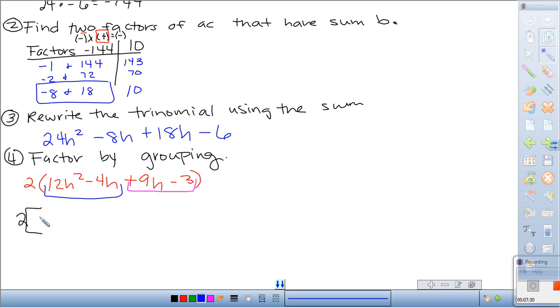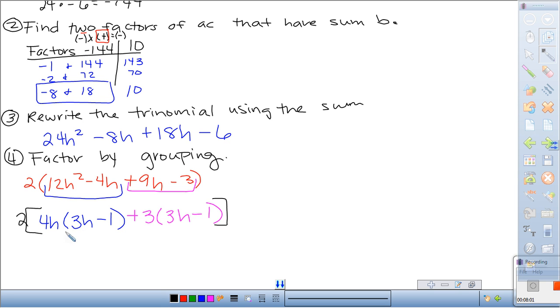Out of both of these, I can pull out a 4h, and then I have left 3h. 4h times 3h, 12h squared. 4h times negative 1 would give me negative 4h. And then out of our second group, the GCF of 9h and 3 is just a positive 3, so plus 3. 3 times 3h gives you 9h, and 3 times negative 1 gives you negative 3.